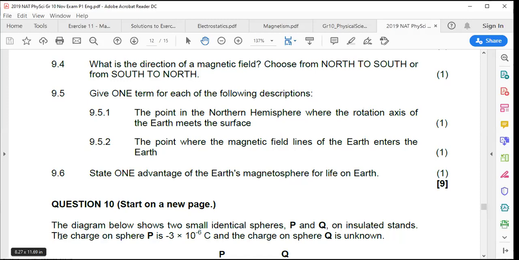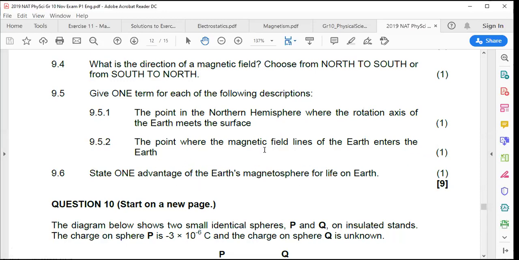The magnetosphere protects us from the solar winds, or whatever is coming from the sun that is charged. Otherwise, we're going to end up having a telecommunication breakdown. So the magnetosphere protects us from this.